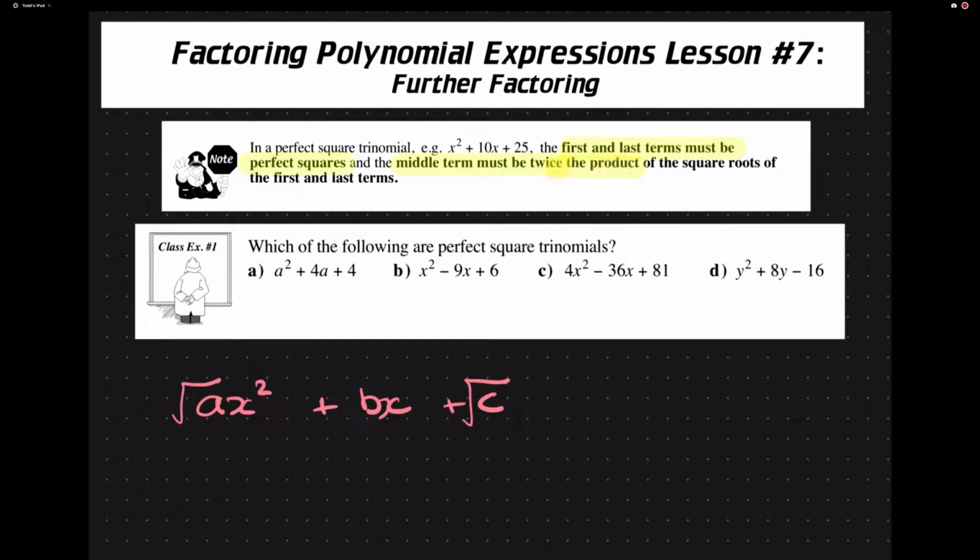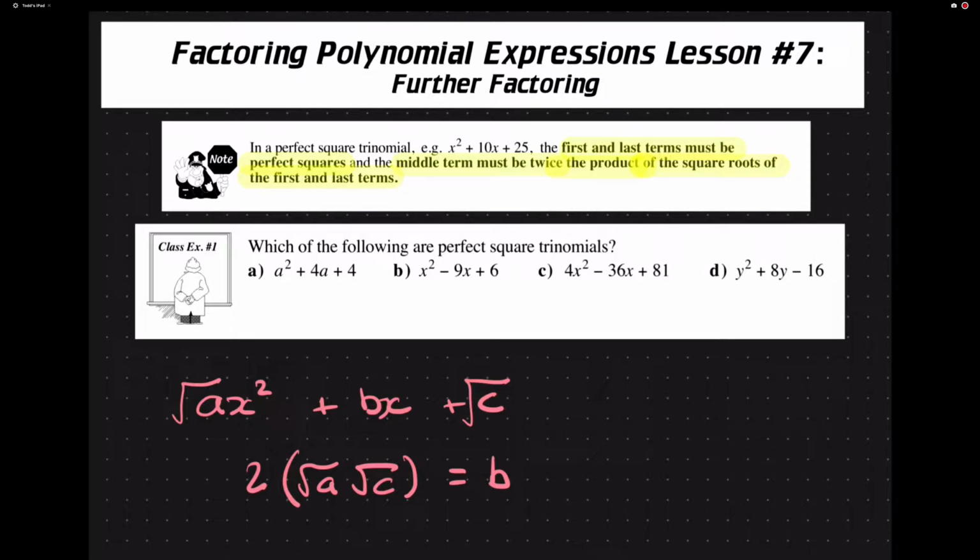The product means the answer to multiplication of these square roots of the first and last terms. So what that really means is you're going to take the square root of a, multiply it by the square root of c, then multiply that by 2, and that will equal the b.